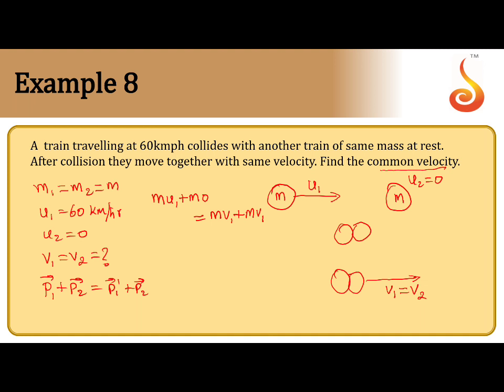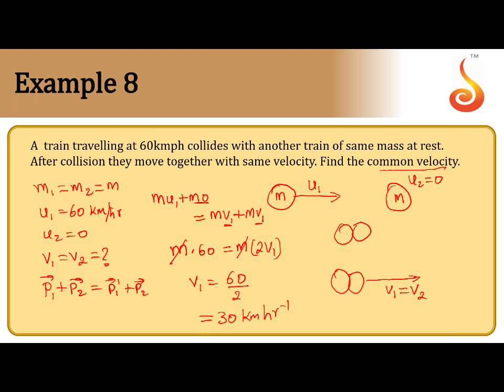Both of them are traveling with the same velocity, so both v1 and v2 I write as v1. This term will be equal to 0. m into 60 kilometer per hour equal to m into v1 plus v1. M cancels, so v1 will be equal to 60 by 2, that is 30 kilometer per hour.